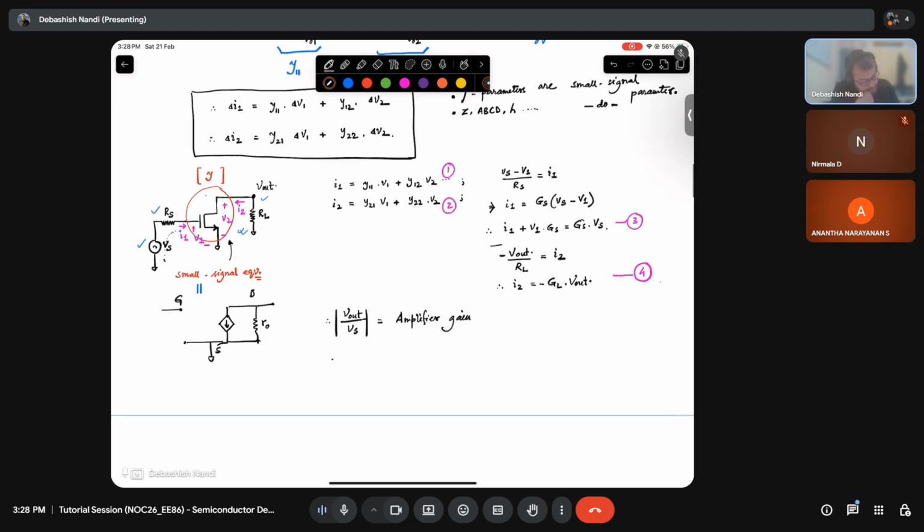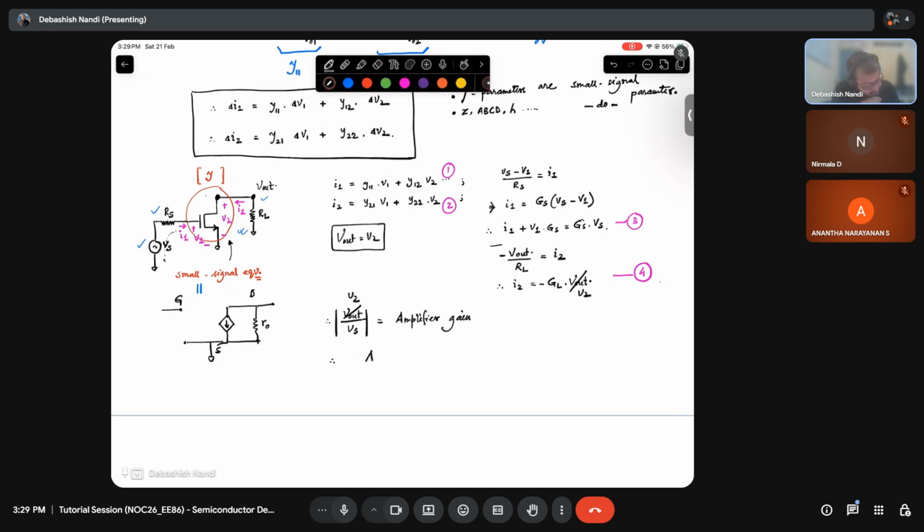Okay, so your Vout is basically, so what is Vout? Vout is basically your V2. That also you can see, right? So I can simply write here V2. These are the same nodes.